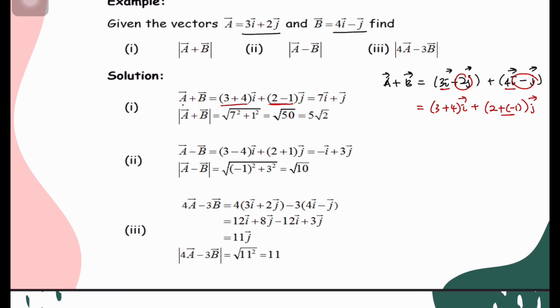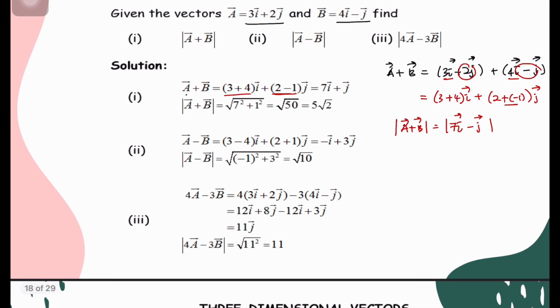Now you want to find the magnitude of A plus B, which means you want to find the magnitude of 7i plus j. Don't forget that the formula to find the magnitude is the square root of x squared plus y squared.